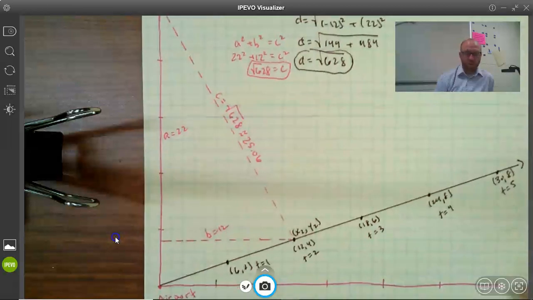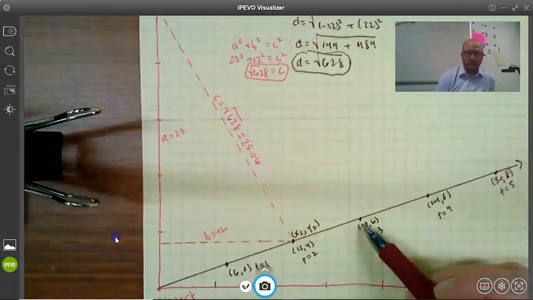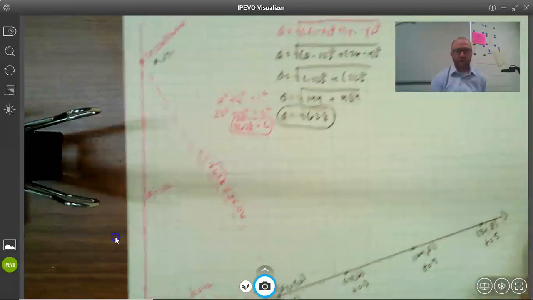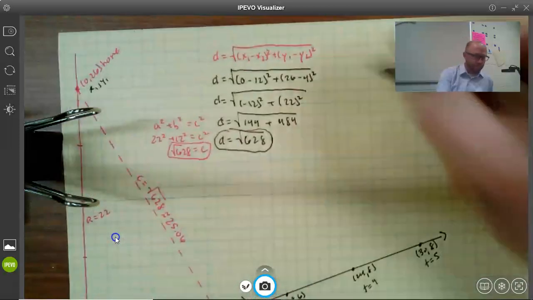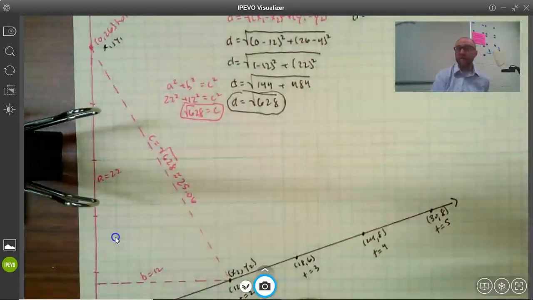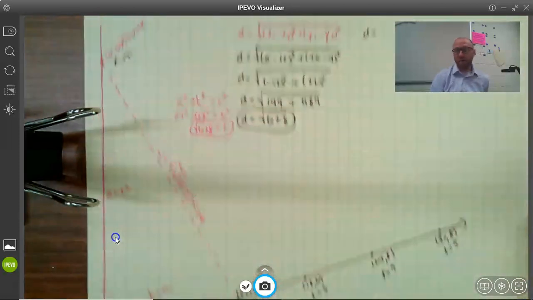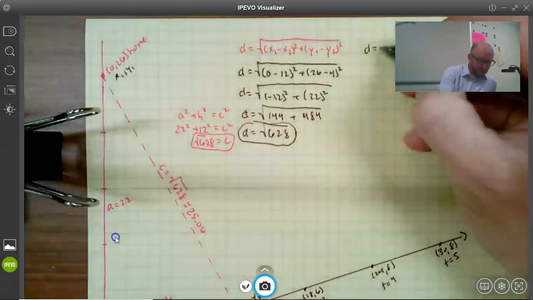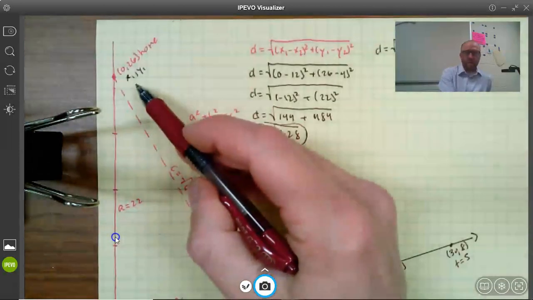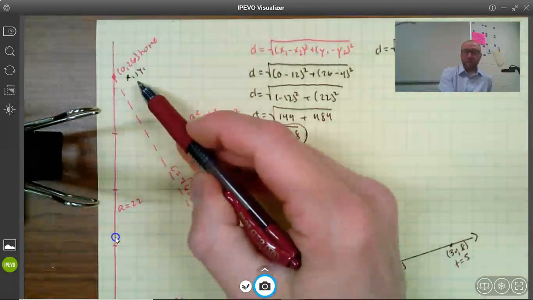What we could do is just do that same calculation we just did using the point 18, 6. So I'm going to set that up. I'm going to test the point 18, 6 to see if it's 34 miles from his home. So I'm going to go distance, and I'm going to use this still as x sub 1, y sub 1.